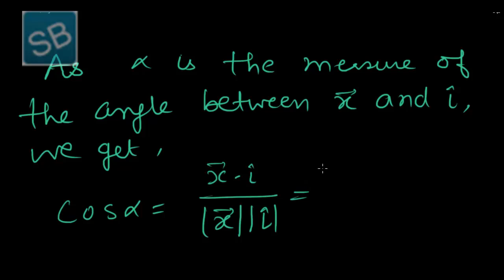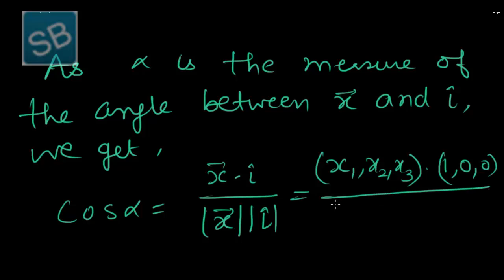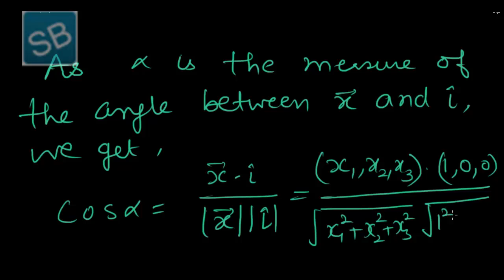So we will calculate the dot product of vector x, whose components are x1, x2, x3, dot vector i, whose components are 1, 0, 0, over the magnitude of vector x, that is root of x1 square plus x2 square plus x3 square, into root of 1 square plus 0 square plus 0 square.